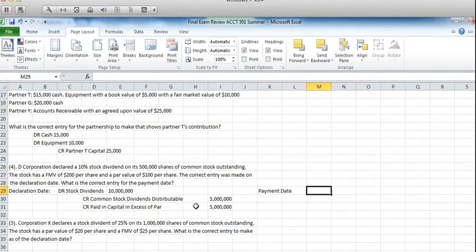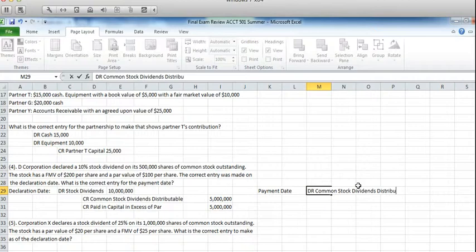It's not an actual liability account, but it kind of functions that way. So what we're going to do on the payment date is zero out this stock dividends distributable, and the way we do that is to make a debit entry over here instead of the credit entry that's right here.